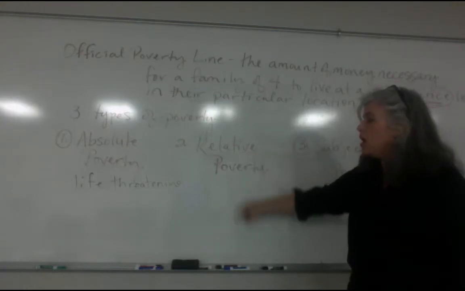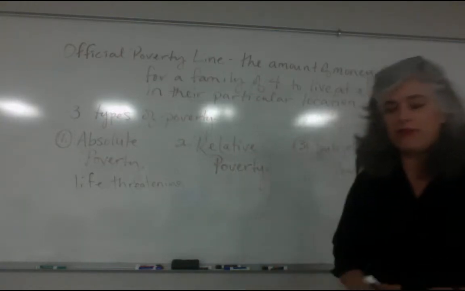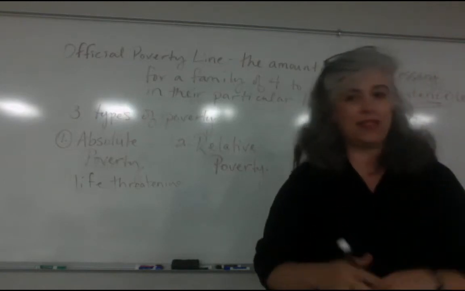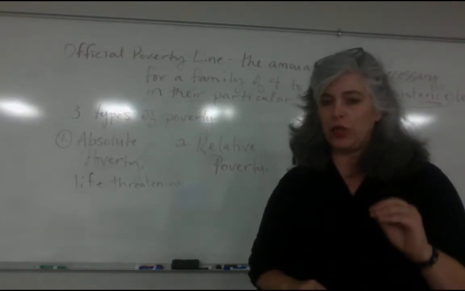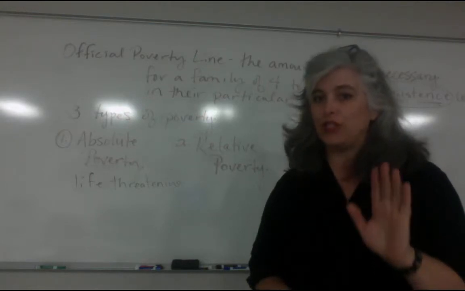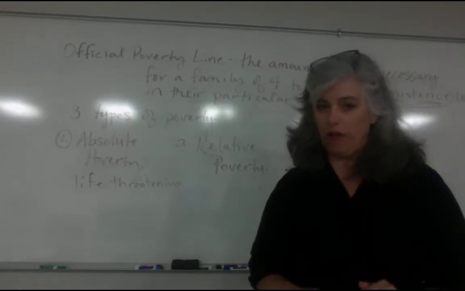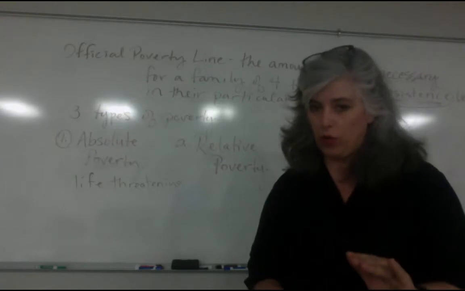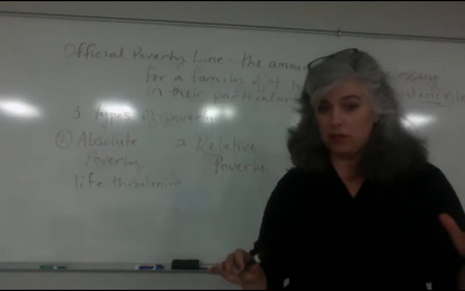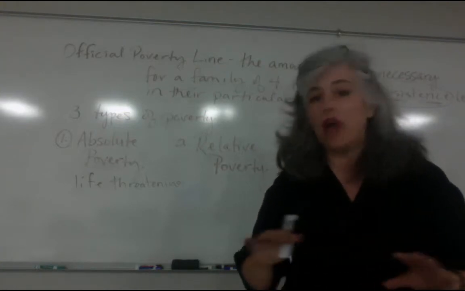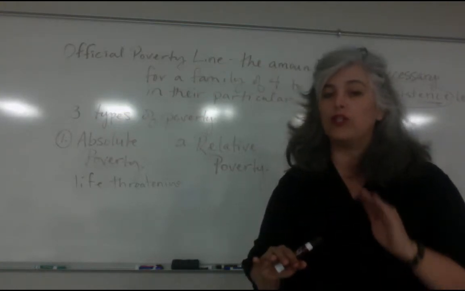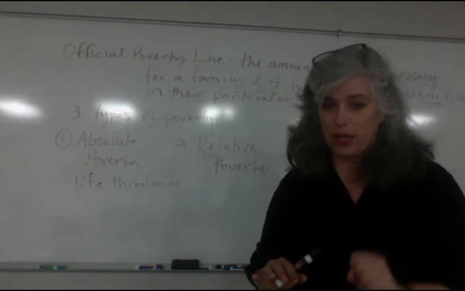Okay? Relative poverty is defined like this. Relative poverty is a condition in which you can and do provide yourself and those who are dependent upon you with your subsistence needs. That's taken care of. Relative poverty is not life-threatening because your subsistence needs are taken care of.